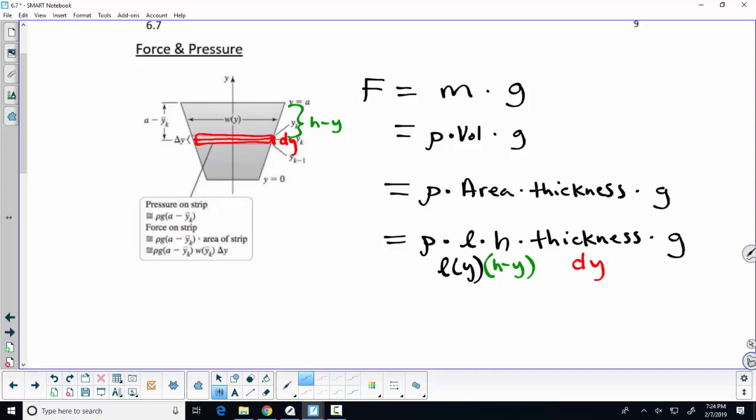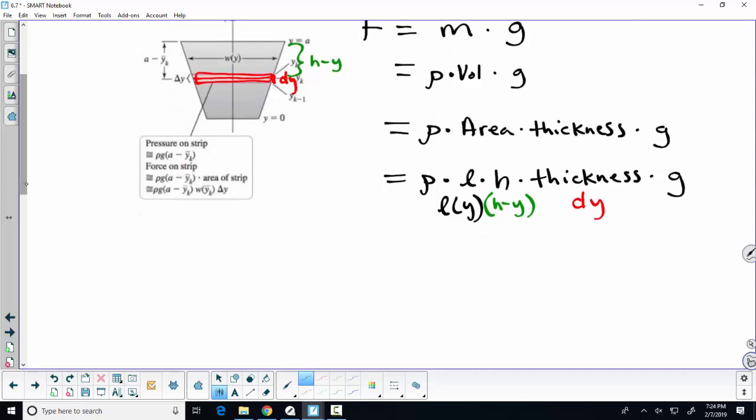Well, your textbook actually calls it W for width function. So I guess it's just a matter of convention. Do you want to consider that a width or a length? Your textbook calls it a width, but it's the same idea. Here, I'll call this width times height for area, just so it's consistent with your textbook.